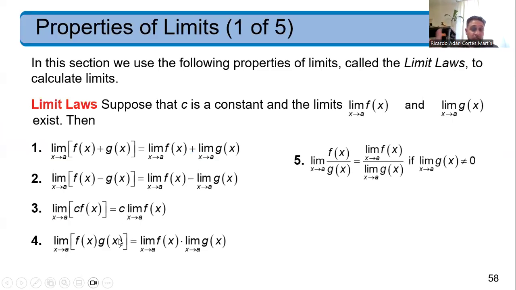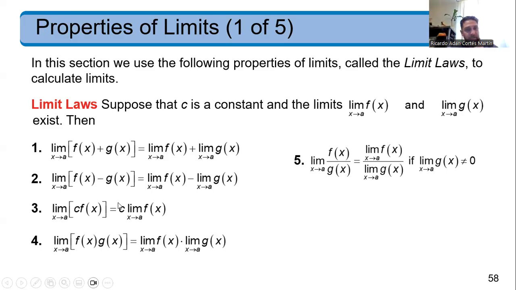We can multiply limits with themselves, and we can divide limits, okay? So in those cases, it's the same as adding numbers, no? So if we add limits, it's going to be the addition of the functions that yield the limit, no? So if we have a function that is the sum of two functions, it's going to be the sum of the limits.